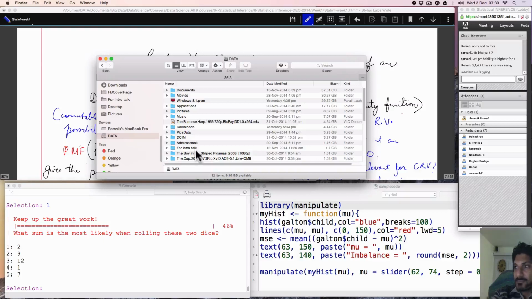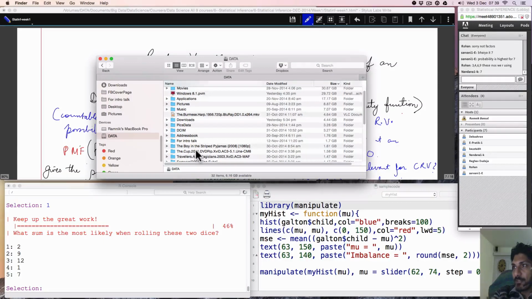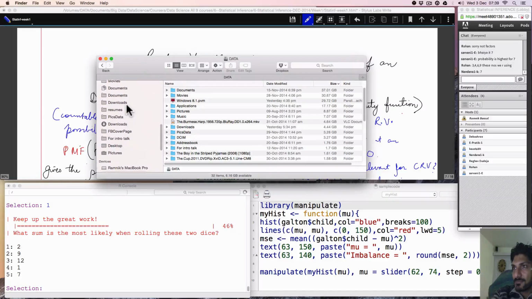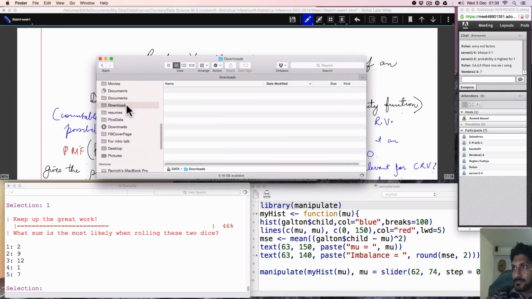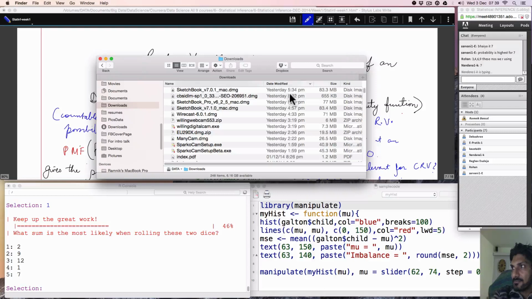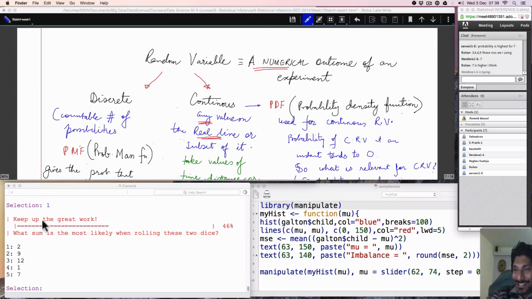What about 7? How many possibilities are there for 7? 7 will be the highest. 1,6, 2,5, 3,4, and then the reverse of that.